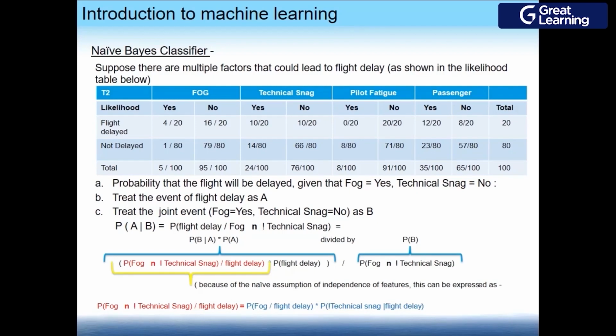These are my attributes. So 20 times when there was flight delay, 4 times there was fog at the airport, 10 times there was technical snag, 0 times there was pilot fatigue. Okay, so these are all my observations which I convert into likelihood ratios.